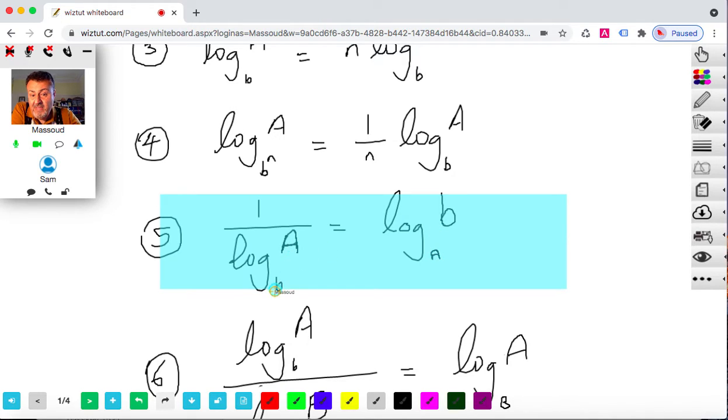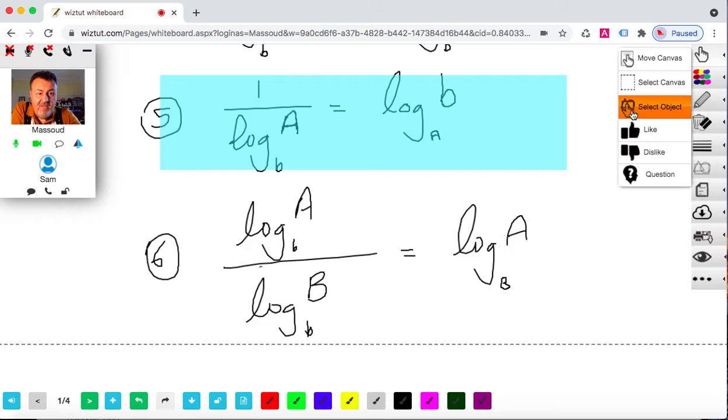So the places of the subject and base have been changed, so that it's no longer in the denominator. This is sometimes easier to work with, because having a log in a denominator creates a fraction that is difficult to work with. To avoid having a fraction in our question, we can simply change the places of the base and the subject, and there's no fraction anymore. It's just one single log.